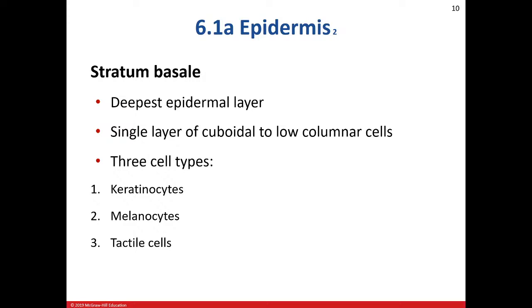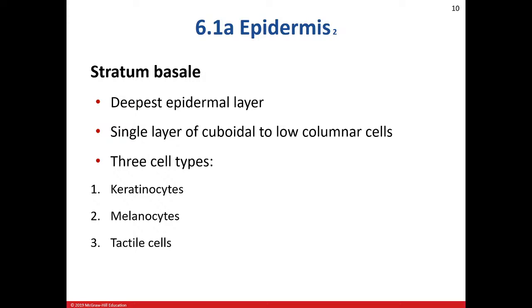All right, so stratum basale, it's the deepest epidermal layer, and it's a single layer of cuboidal cells. You have keratinocytes here. You also have melanocytes between the two layers. And the melanocytes produce the protein called melanin, and then they pass it on to the keratinocytes. All right, now melanin, you probably know, is a skin pigment responsible for the different varieties of skin color that we see.